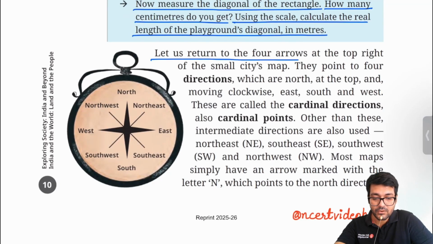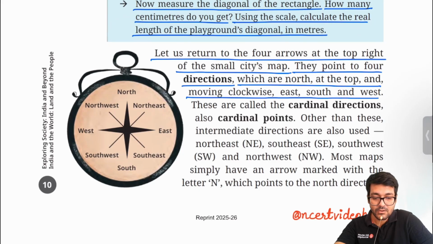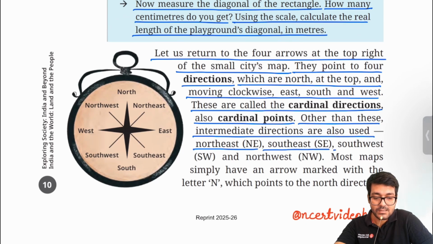Let us return to the 4 arrows at the top right of the small city's map. They point to 4 directions, which are north at the top and moving clockwise east, south and west. These are called the cardinal directions, also cardinal points. Other than these, intermediate directions are also used, such as northeast NE, southeast SE, southwest SW and northwest NW.